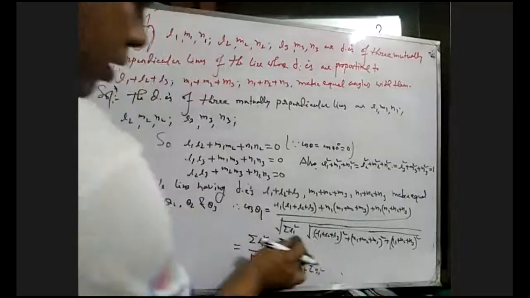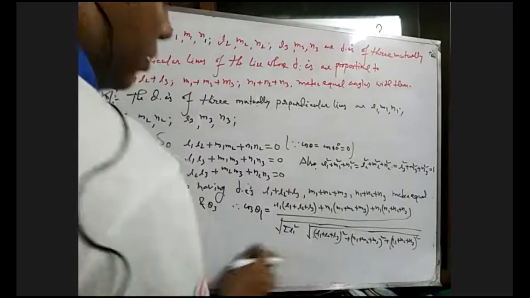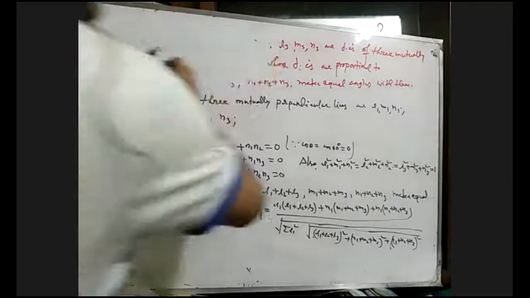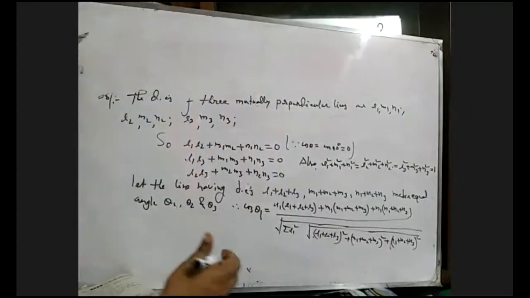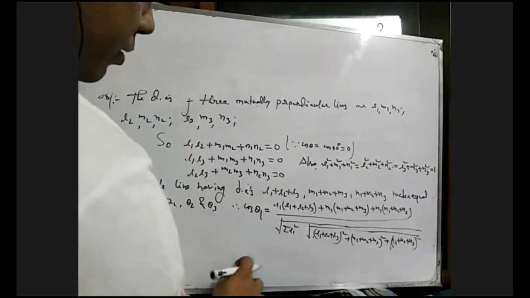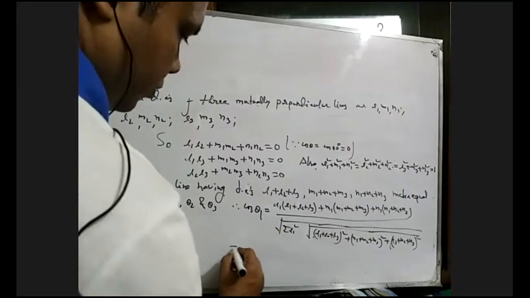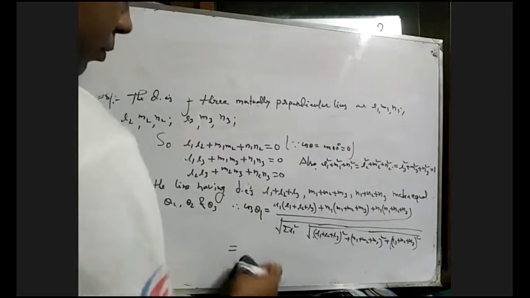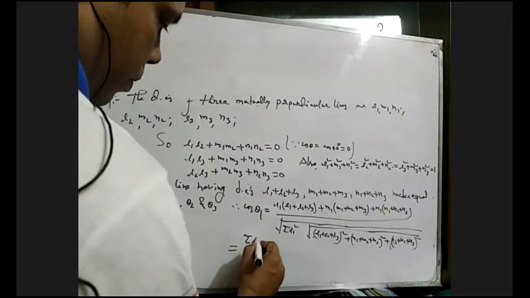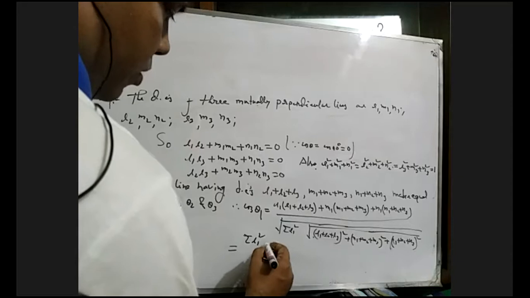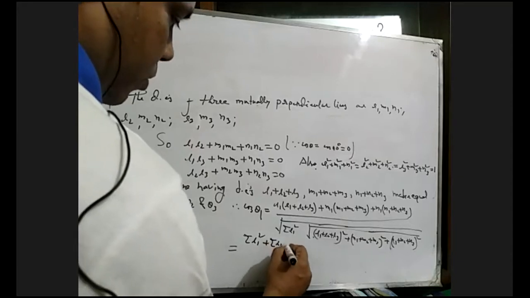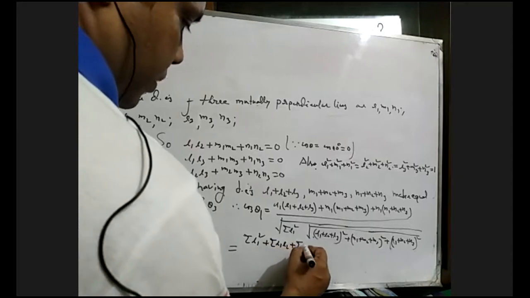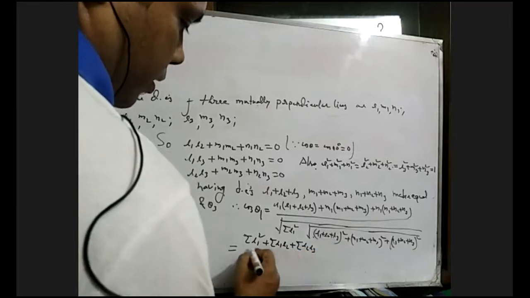Actually you can write in upper of this. So this can be written as summation L1 square plus summation L1 L2 plus summation L2 L3.